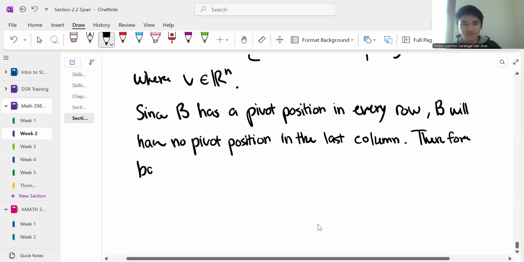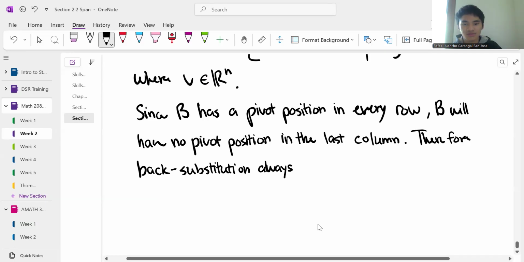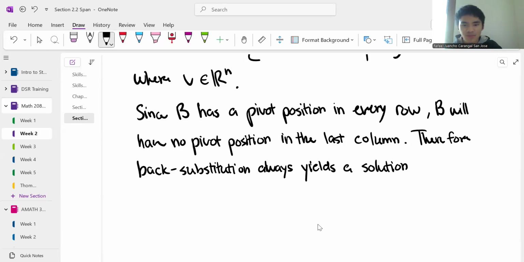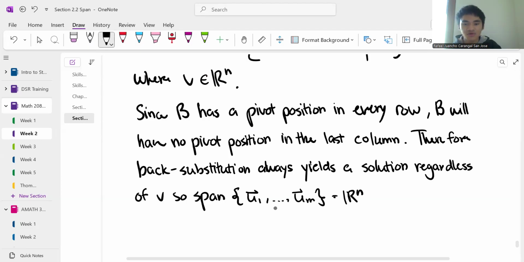So therefore, doing back substitution always, that's interesting, always yields or it will always give us a solution regardless of V. And so by that, the span of U sub 1 to M is the whole Rn.